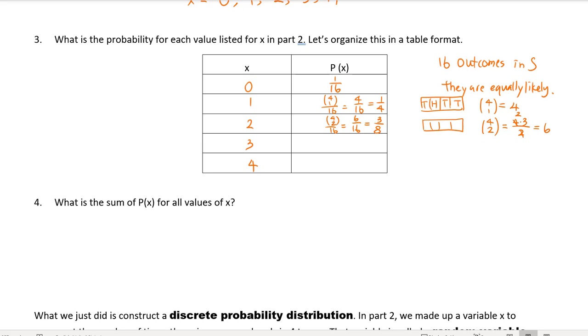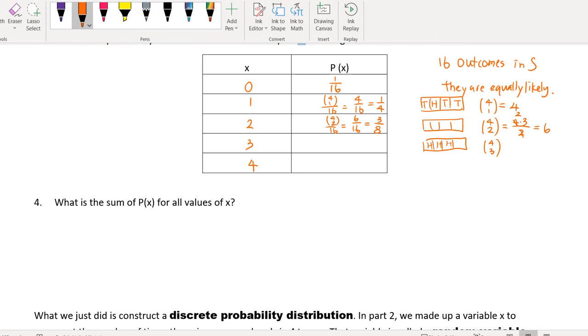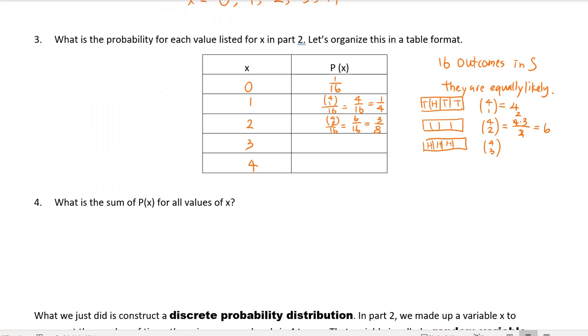And then 3 heads. So also we want to choose 3 of them to fill with the heads. So 4 choose 3. If you remember, when we learned combinations, n choose n equals n choose 0, which is 1. n choose n minus 1 equals n choose 1, which equals n.